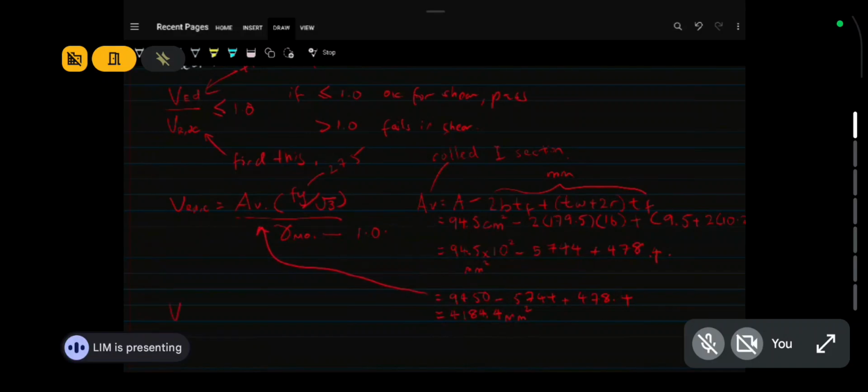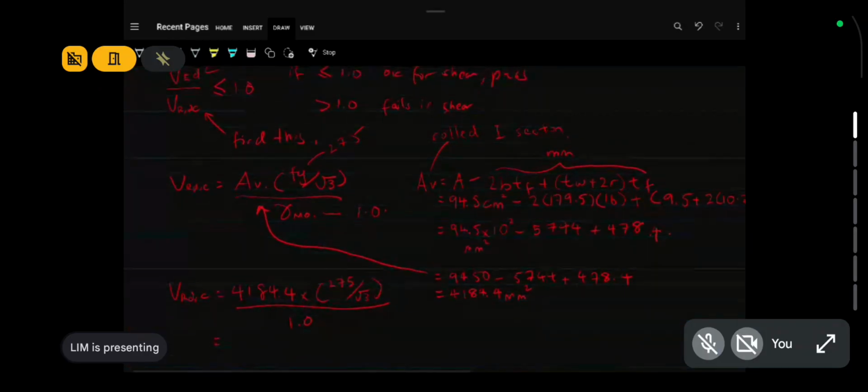We get VRDC equals 4184.4 times 275 divided by square root 3, the whole thing divided by 1.